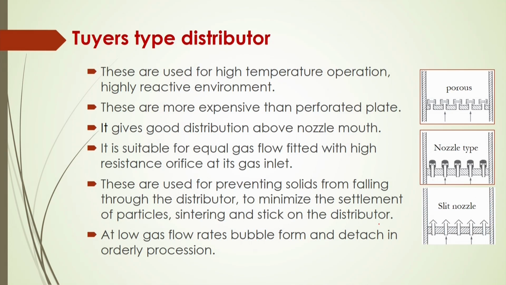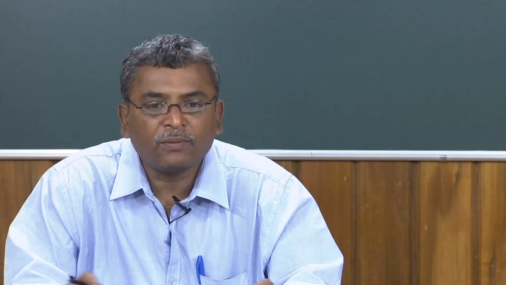Another type is called the Tuyere type distributor. These are generally used for high temperature operation, and are also suitable for highly reactive environments. These are more expensive for operation than perforated plate.